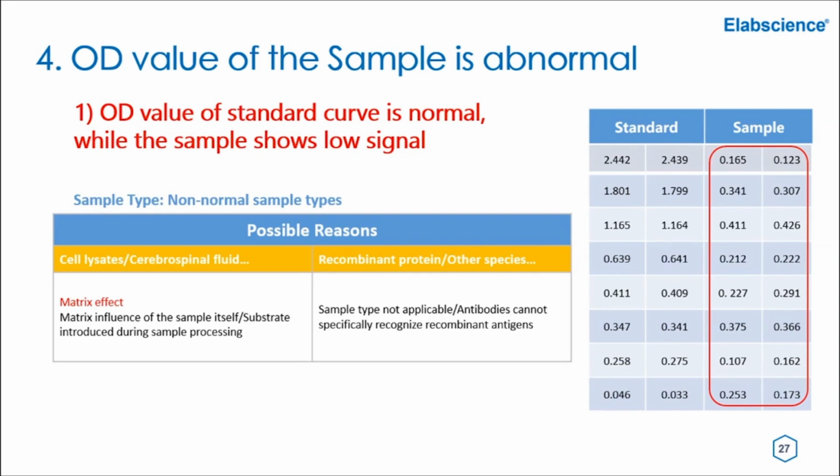The matrix effect is the interactions between the target protein and other elements in the sample, which may lead to inaccurate results. Case 2, for special samples like recombinant protein or the samples from other species, the antibodies may not be able to recognize the specific antigen, leading to a low signal result.